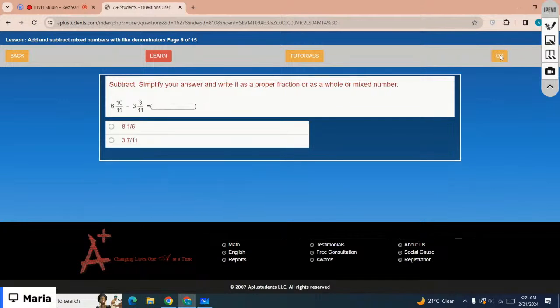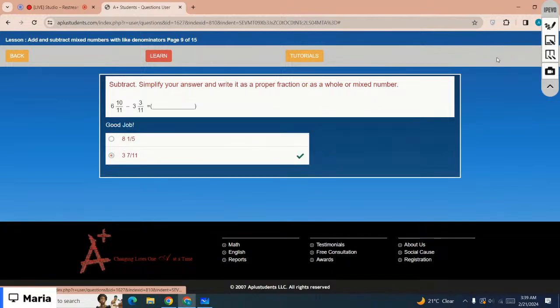The next one is 6 whole 10 over 11 minus 3 whole 3 over 11. Which is the correct option? Yes, that's the second one. 3 whole 7 over 11 is the correct option.